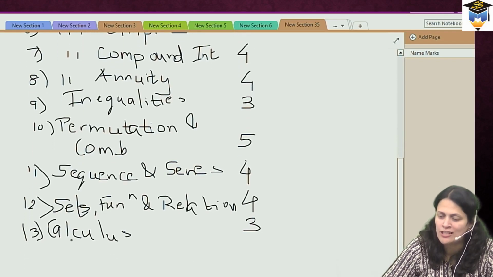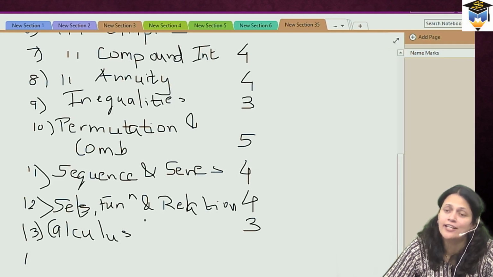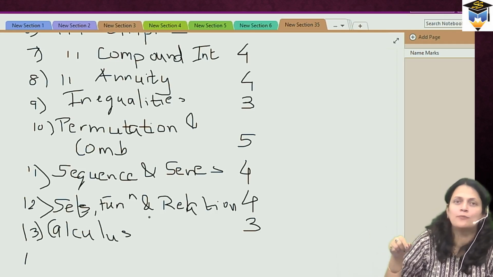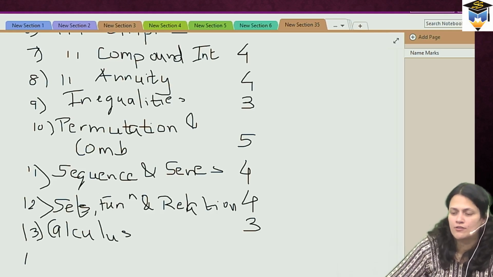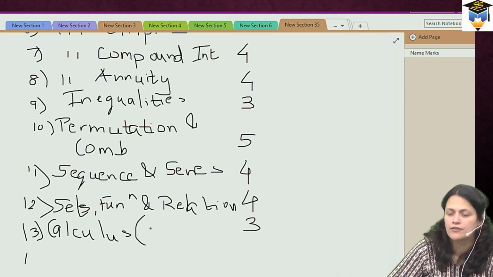Then comes logical reasoning part. Under calculus, just write down in bracket derivatives and integration.